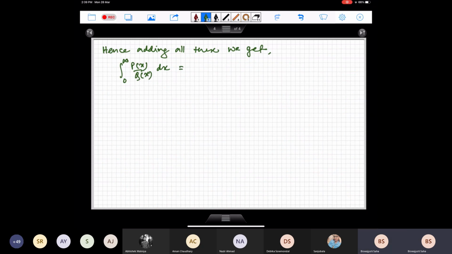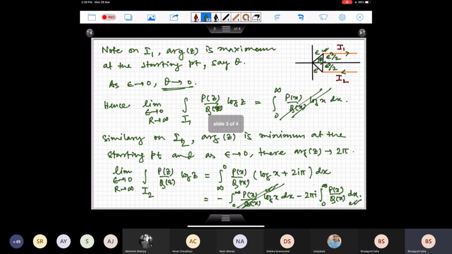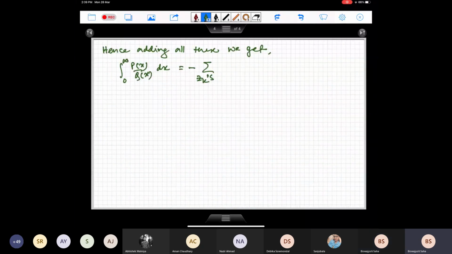So this is minus the summation over zk, the zeros of q, of the residue of pz by qz log z at zk.